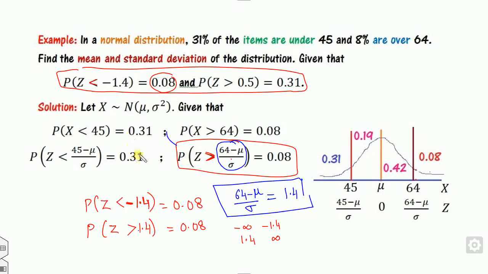Okay. Similarly, look at this 0.31. So 0.31 is given as a greater than sign, but it is a less than. So you can convert this into a less than sign. This is 0.5 to infinity. How do you write that? This is minus infinity to minus 0.5. So this is here.